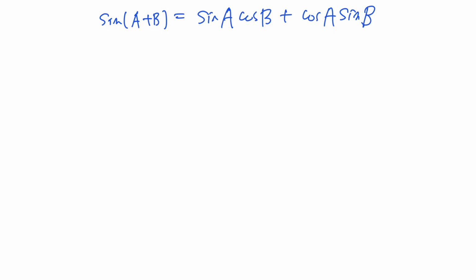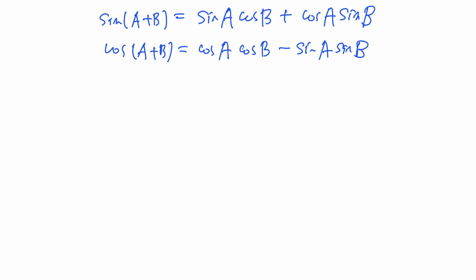Cosine of A plus B is cosine A cosine B minus sine A sine B. So let's assume that you know this already.